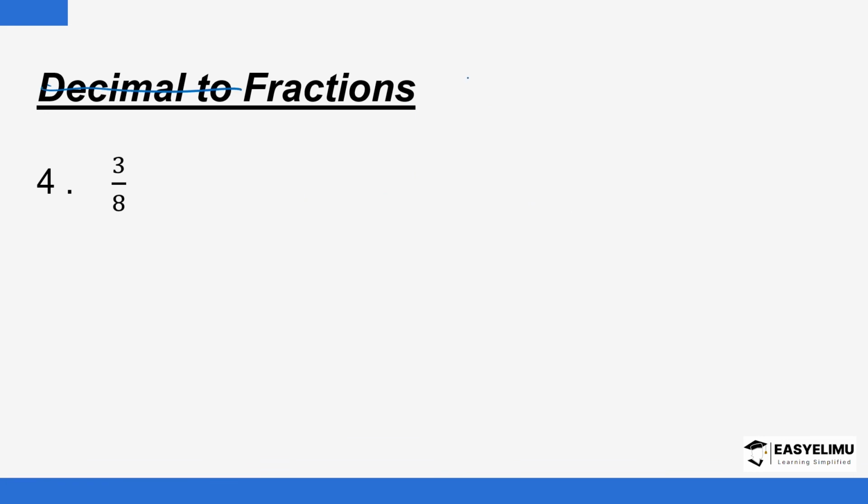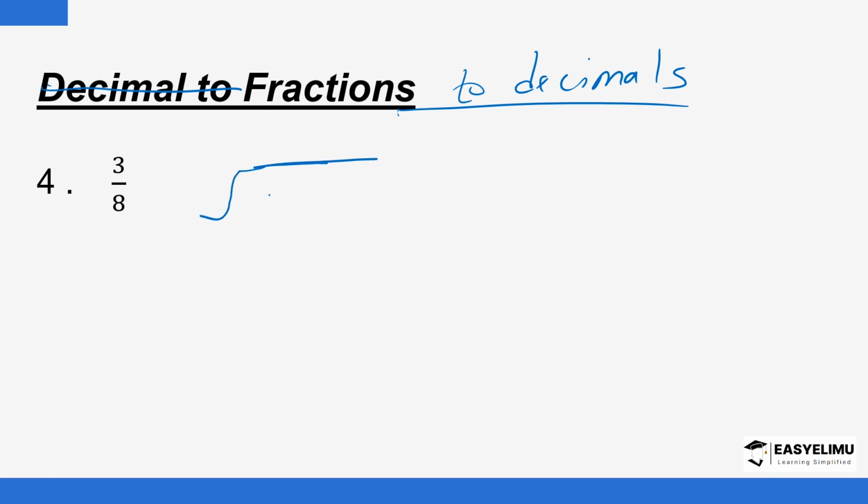This is again fractions to decimals. We do the same thing. So the dividend is 3, the divisor is 8. So 3.000.